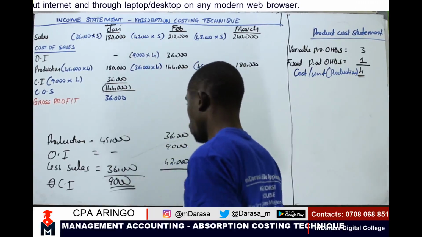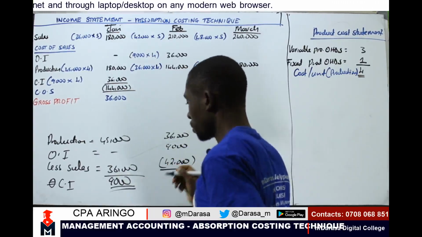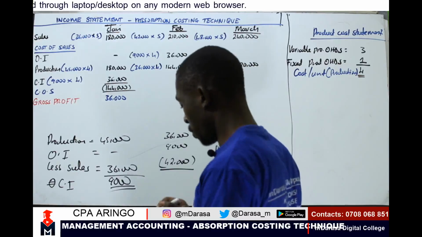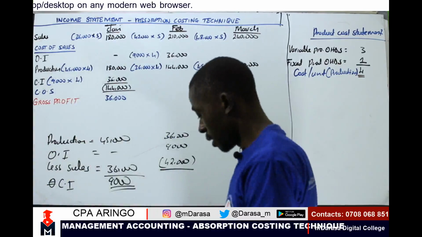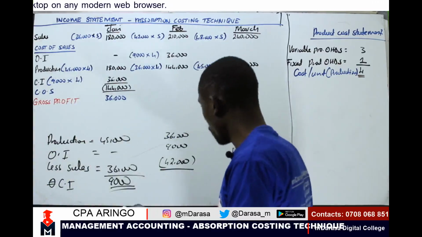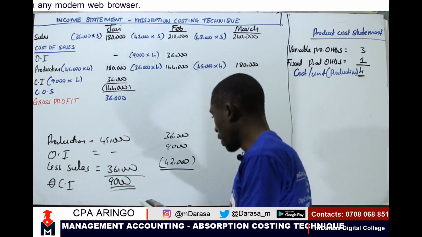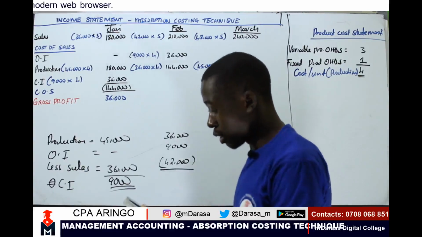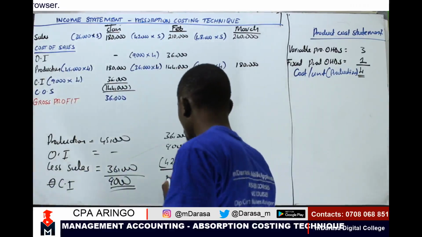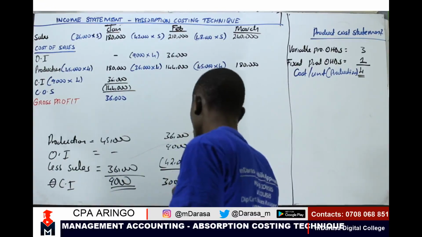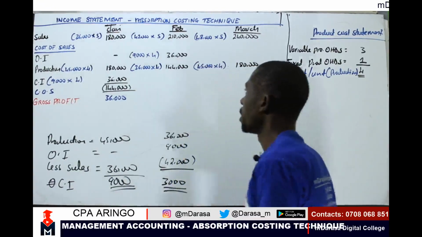So that should give us our closing inventory for the month of Feb. We add 36,000 and 9,000, and deduct 42,000. That should give me a closing inventory of 3,000 units.